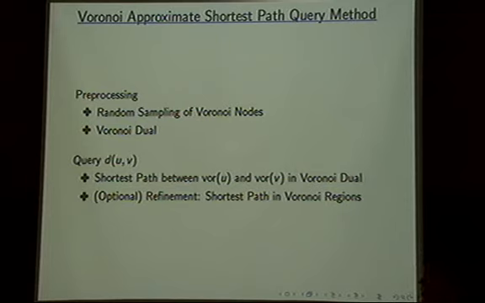We compute the Voronoi dual. And at query time, we compute the shortest path between the Voronoi node of U and the Voronoi node of V. Very, very simple. And optionally, we could refine the path by looking at the union of all the Voronoi regions.